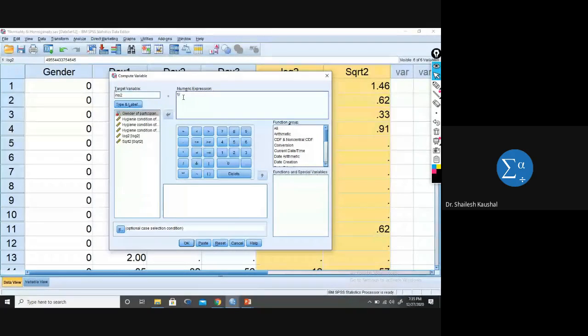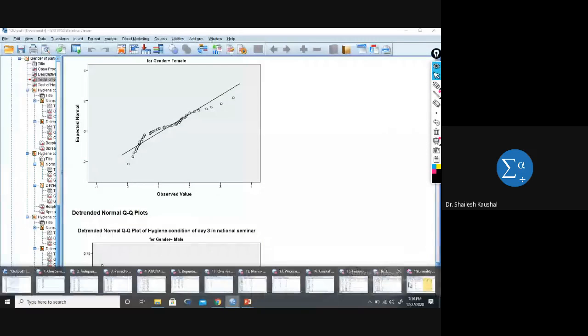But I will not transfer 1 by day 2, because if anyone puts the value 0, then 1 by 0 means infinite. That is why I will add +1. I am transferring day 2 and writing +1 and bracket close. Okay, this is inverse, and then continue. After okay, we will get another column.